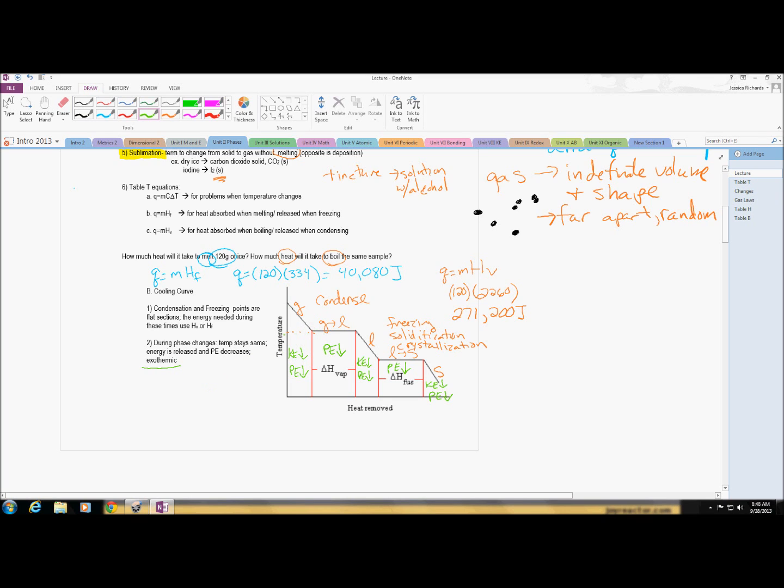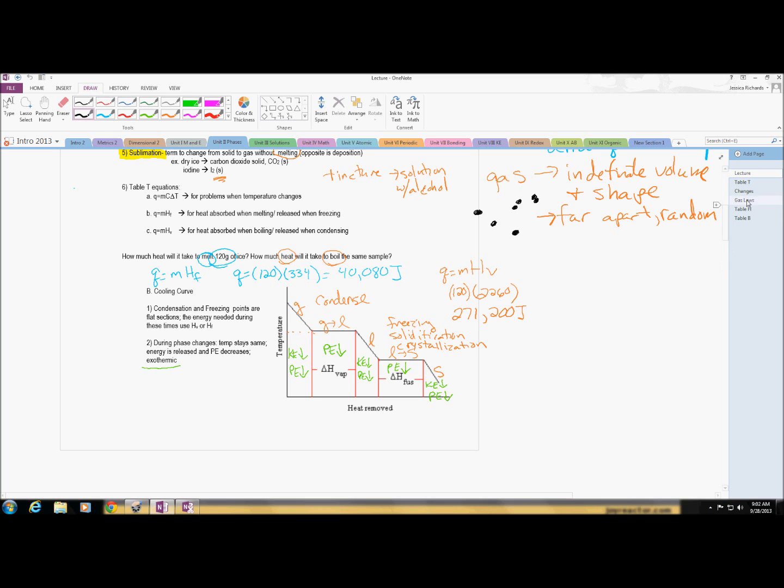Remember, try to not associate temperatures with this in your head. It's not necessarily hot or cold because the temperature stays the same. It's just the amount of heat that they contain that decreases, and they're not always the same thing.